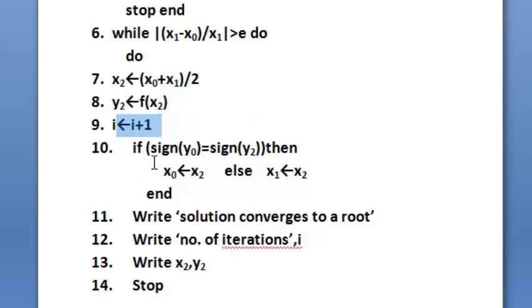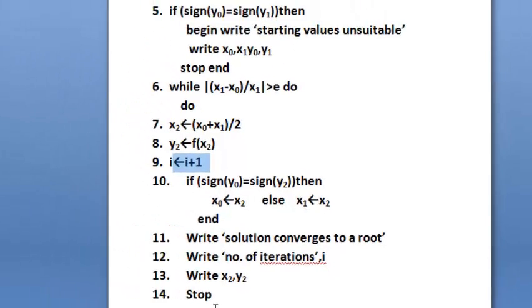Now we check another condition: if sign of y0 equals sign of y2, then we put the value of x2 into x0, otherwise we put the value of x2 into x1. Now the if condition ends. Finally we write that the solution converges to a root, and then we write the number of iterations, which is I, and then we write the values of x2 and y2, and here our algorithm stops.